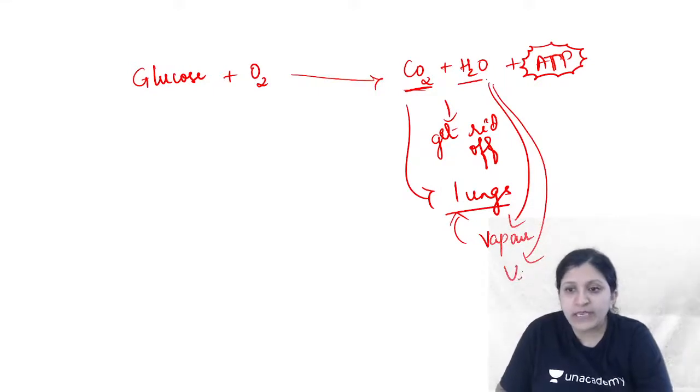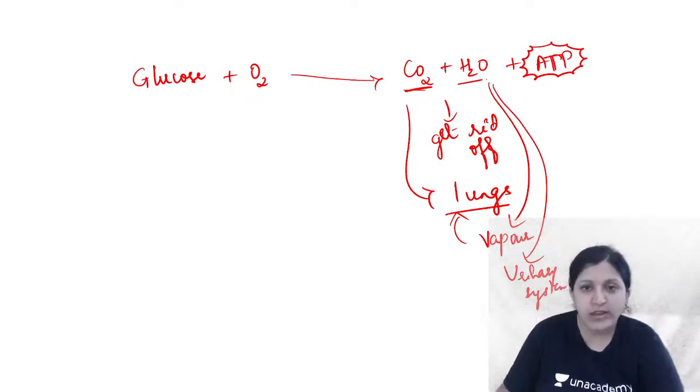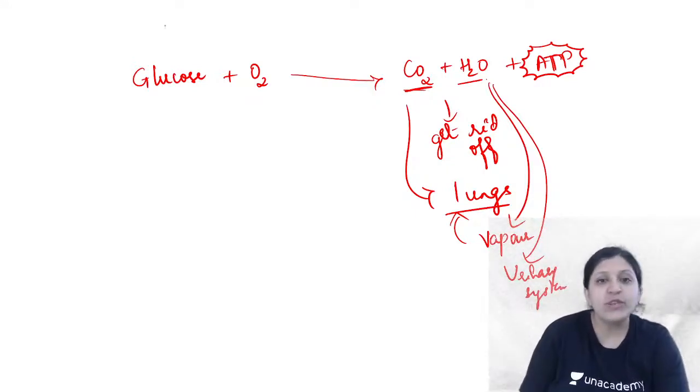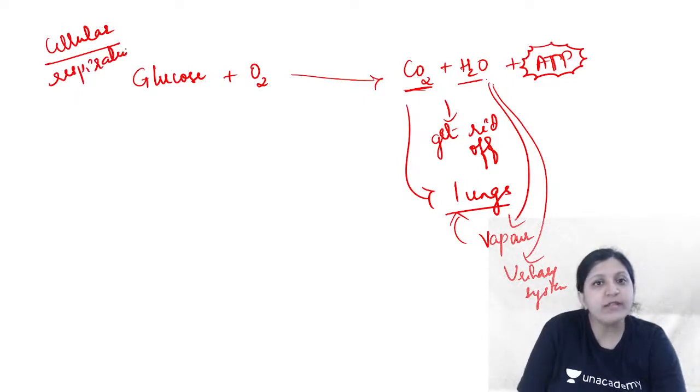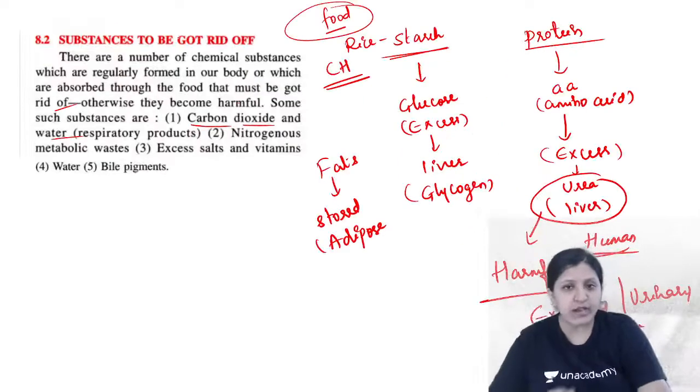The urinary system also removes the unwanted or excess amount of water, so there is also that option. This is with respect to cellular respiration. When that occurs, we will see the different organs that are associated.